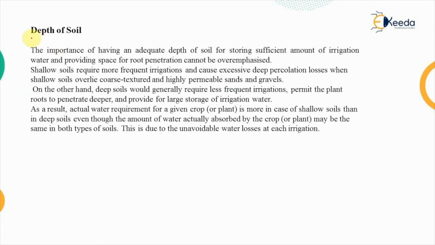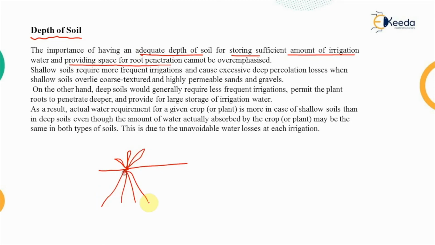Then the next property is the depth of the soil. The importance of having an adequate depth of soil for storing a sufficient amount of irrigation water and providing space for root penetration cannot be overemphasized. Let's say this is again the crop and this is the root zone of the plant.